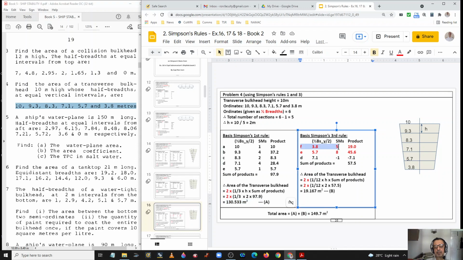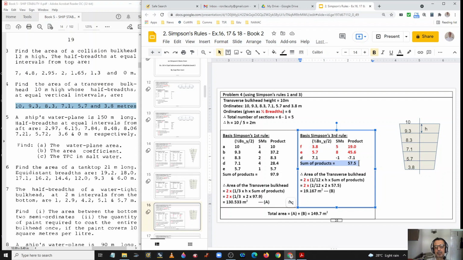The Simpson's multiplier is 5, product is 19. Semi-ordinate E, the Simpson's multiplier that we are going to use is 8, giving 45.6. And semi-ordinate D multiplied by Simpson's multiplier minus 1, giving us minus 7.1. The sum of the products gives us 57.5.